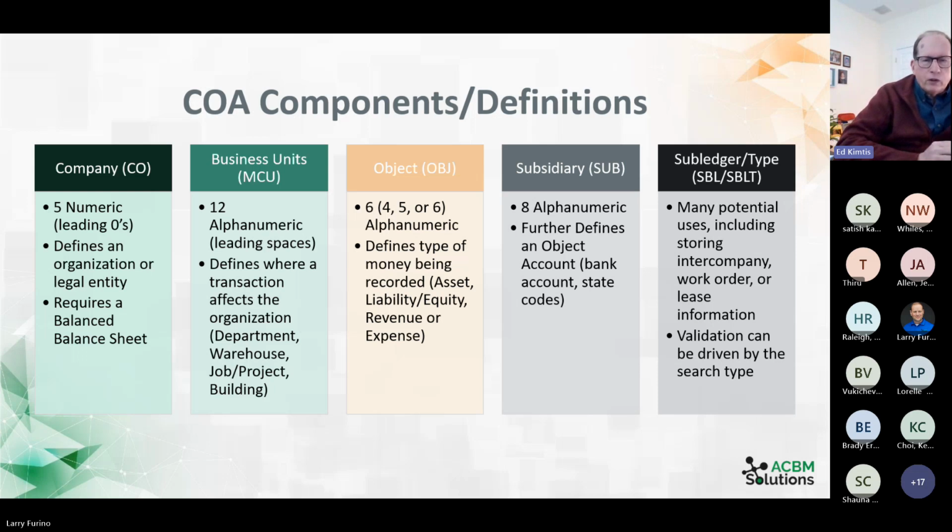And can it be done? Absolutely. It's done all the time. But quite often we find that it's a little messy in the encumbered chart of accounts, and we want to sort that out so it's no longer messy.